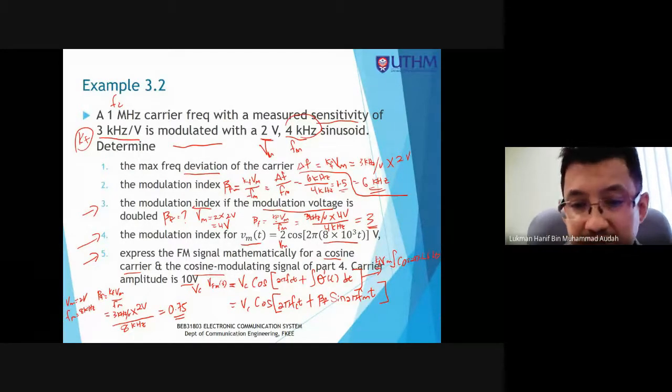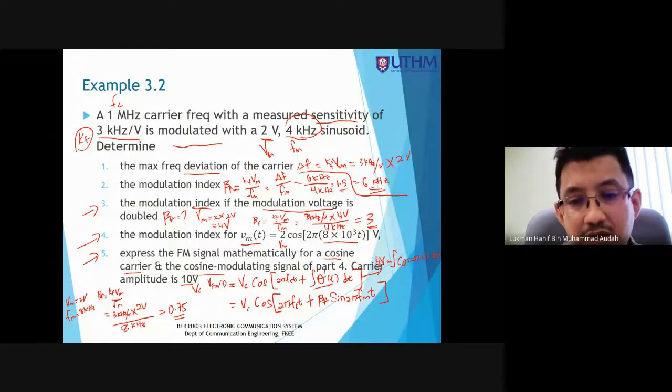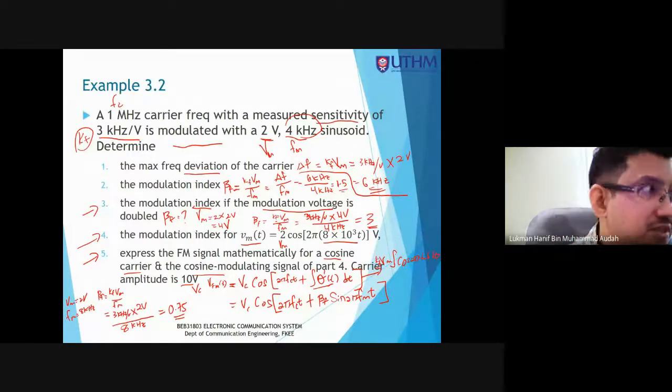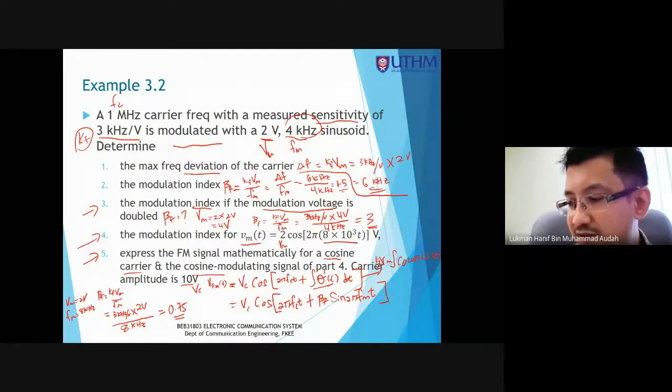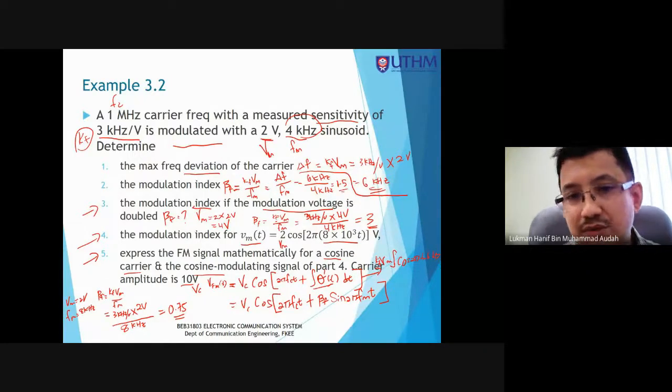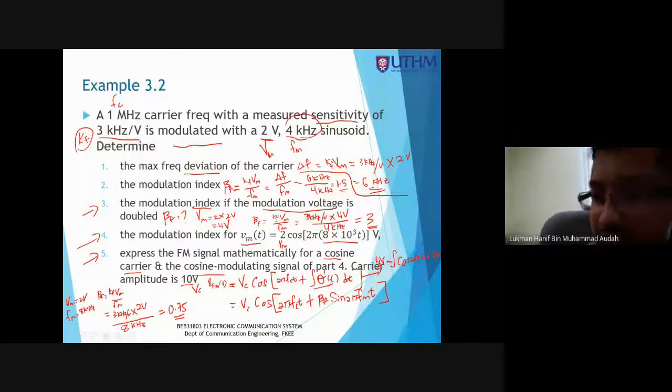So saya skip sebenarnya. So the integral of this is Kf Vm cos 2 pi Fmt, and finally you will get, mungkin saya padam sikit lah. Saya padam sikit sebenarnya apabila you kamirkan tadi, mana tadi?